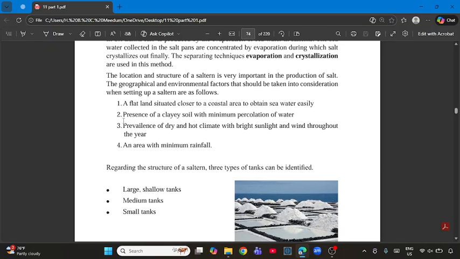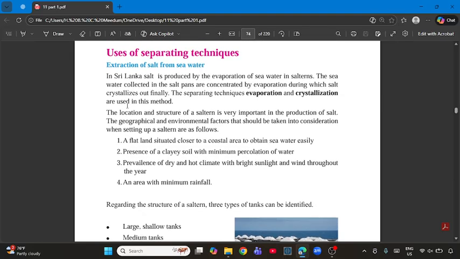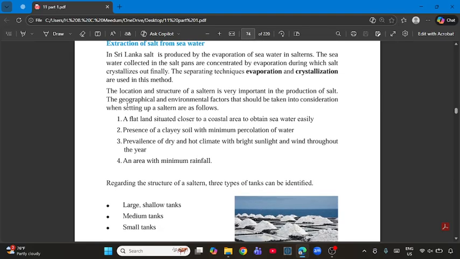What are the features which should be there in the environment which affect the extraction of salt from seawater?